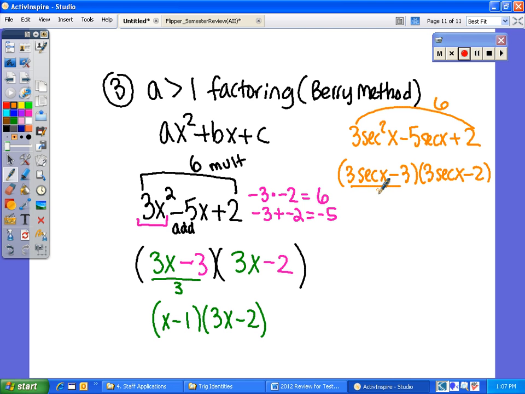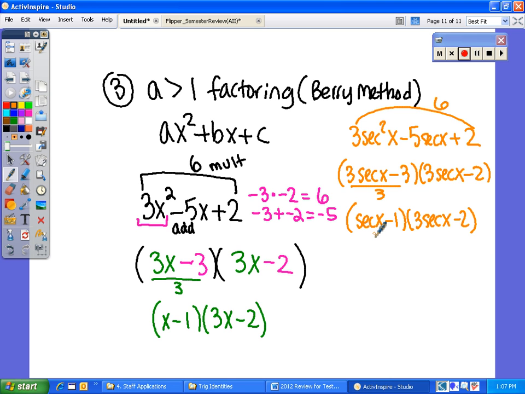These still can be divided by 3, and your final answer will be secant minus 1 and 3 secant minus 2. Now the only thing that's different between this and this is that you're going to have to set this equal to 0 and then find the things on the unit circle that will allow for you to get the final answer for x. That's the only difference. Okay, so you would have to set this equal to 0 and solve, and set that equal to 0 and solve.